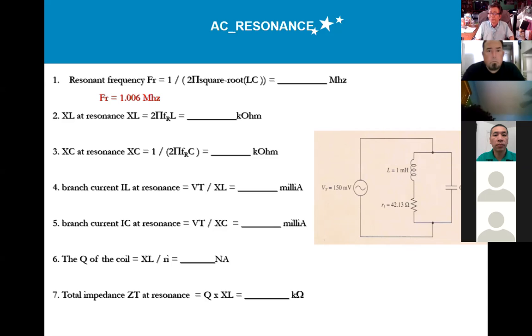Is it 6.3? Number two, XL at resonance. Number one, I already gave to you. I don't want you to spend too much time on that calculation. Number two, 6.32K. And number three is supposed to be the same thing.